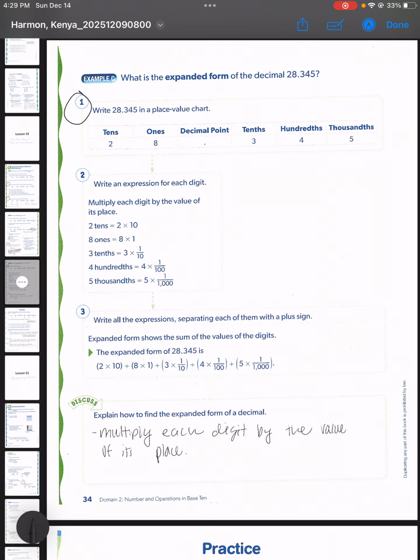That's why we write 2 times 10. 8 ones. 3 tenths. So here you want to remember this is a tenth. I can write this as a fraction. So we're building on that last lesson. 4 hundredths. That's 1/100. And 5 thousandths. And to write these all together, we separate them with a plus sign. So that's how we get the expanded form of that number.